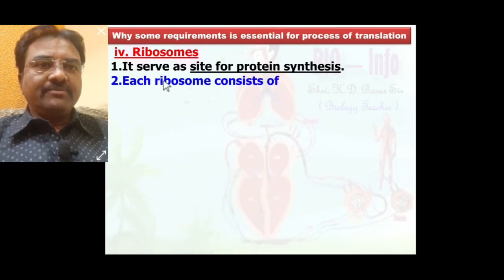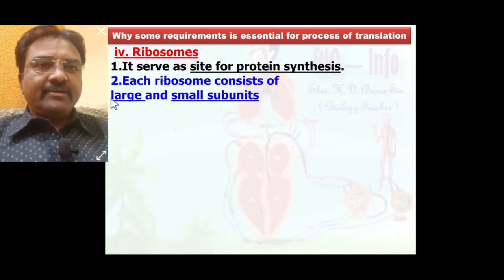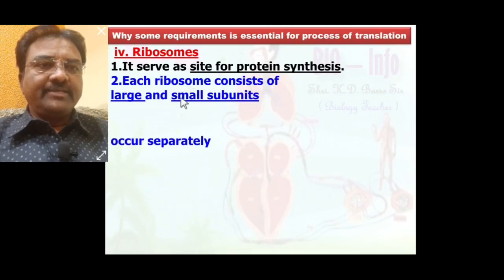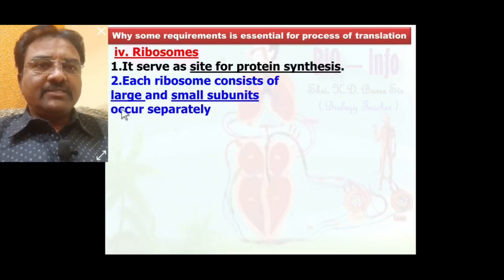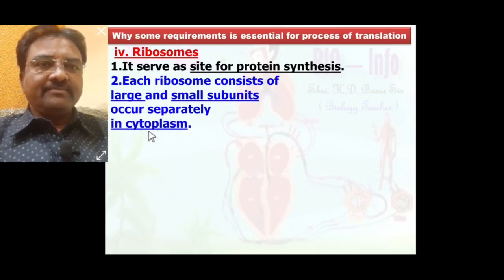Each ribosome consists of a large and a small subunit, which occur separately in the cytoplasm.